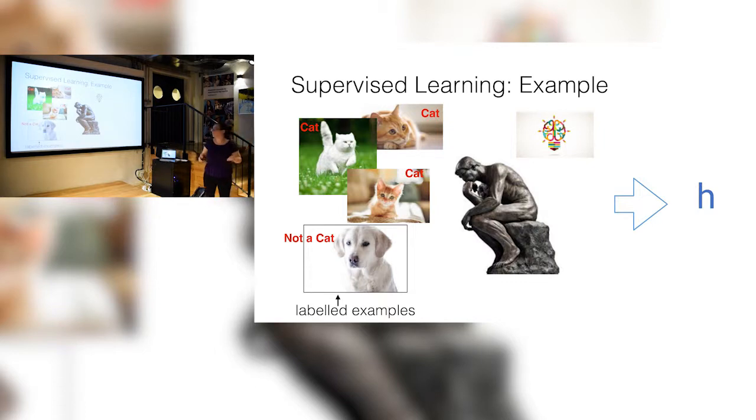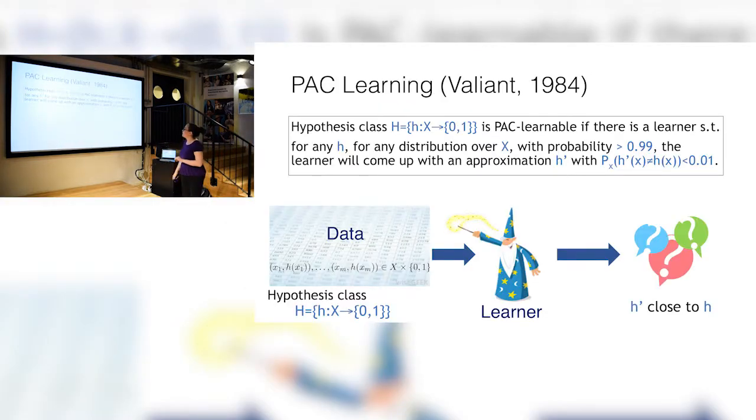Let's be a bit more formal. To formalize it, we are using the notion of PAC learning. It was invented in 1984 by Valiant, and he said the following.